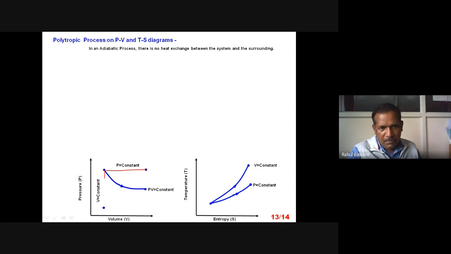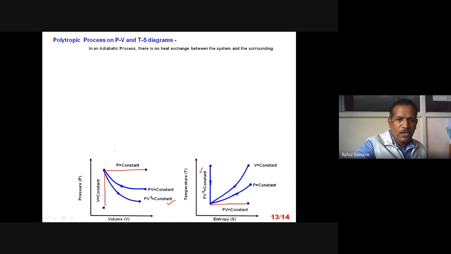The constant volume line will be like this. This is the adiabatic process, a constant entropy process. This is the constant temperature process. This is the constant entropy process, adiabatic.